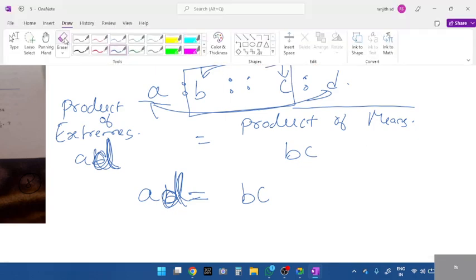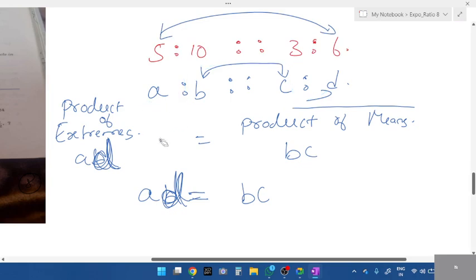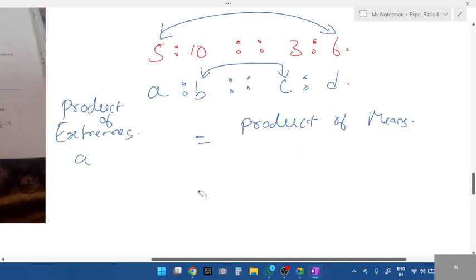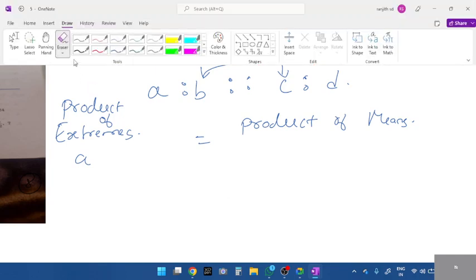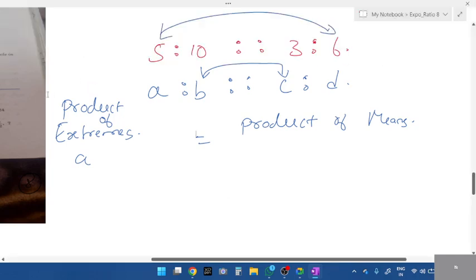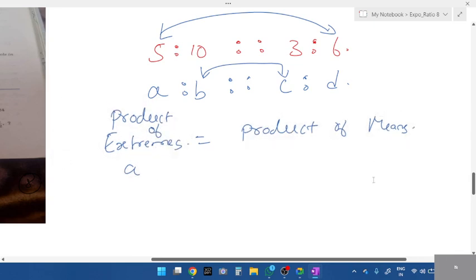A is to B is proportionate to C is to D. Product of means is equal to product of extremes. They should be equal, students. If they are equal, you can tell they are proportion. Is this clear? All of you understood the meaning of extreme and mean?